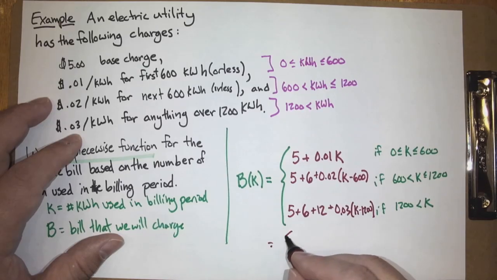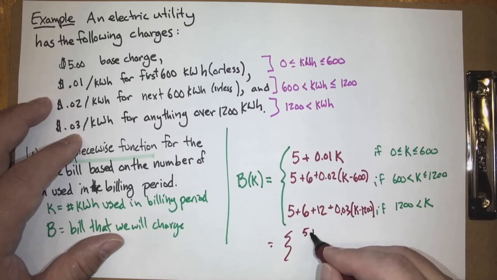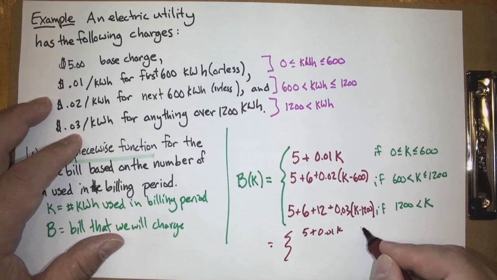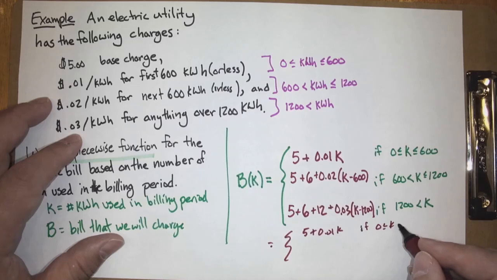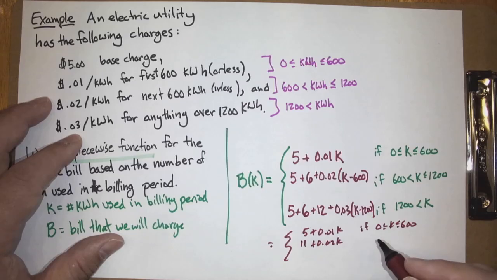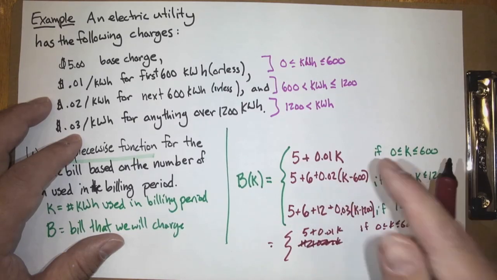Now we can try to put these all together. 5 plus 0.01 K if we're between 0 and 600. 11 plus 0.02 K. Oh, I should have actually done some fun stuff here.